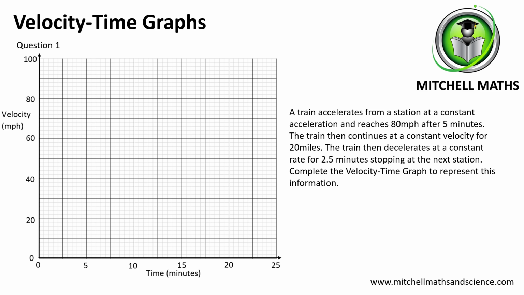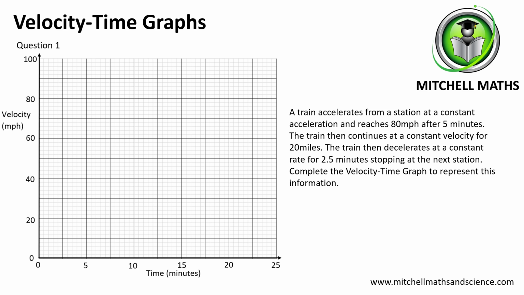So the first type of question, we're going to draw a velocity time graph. The first sentence is: a train accelerates from a station at a constant acceleration and reaches 80 miles per hour after 5 minutes.